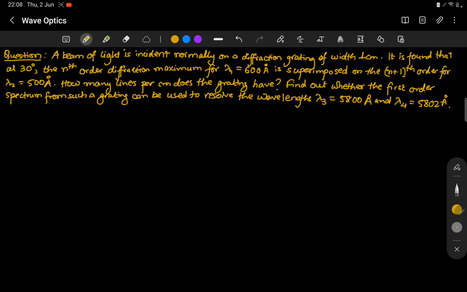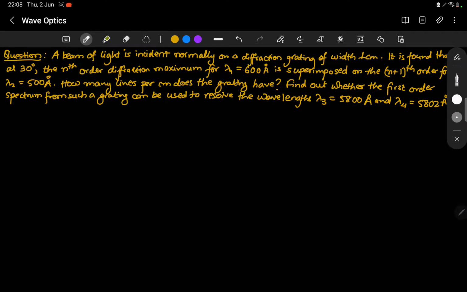So let us look at the first part. The condition for maximum is as follows. We have d sine theta equal to n lambda. This is the condition for maximum. d is the grating element, or it is equal to line width plus the width of the transparent part.